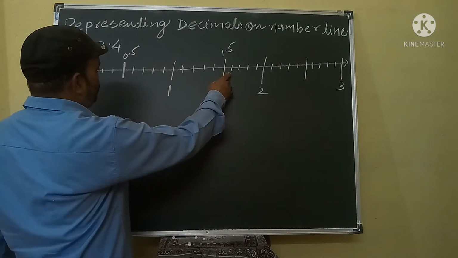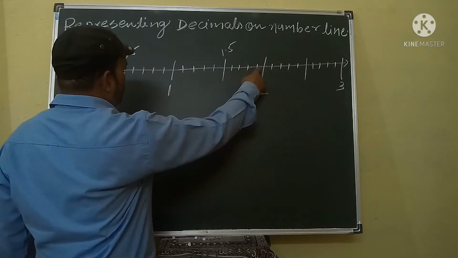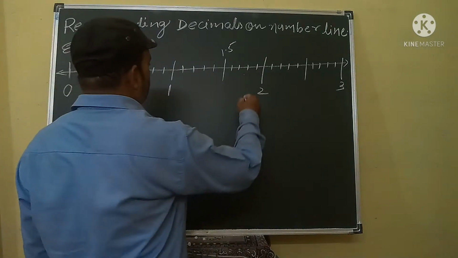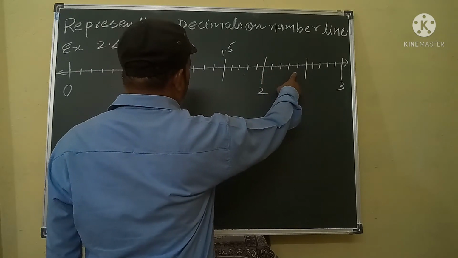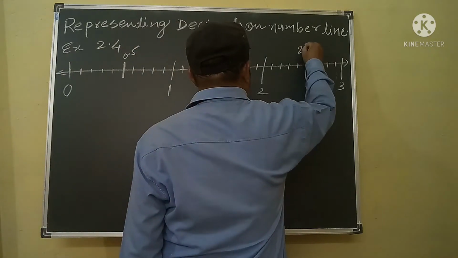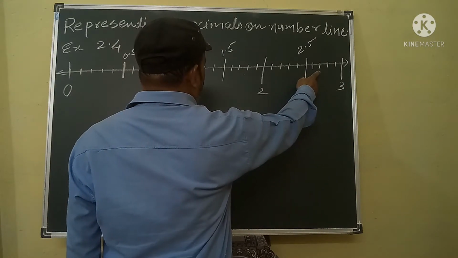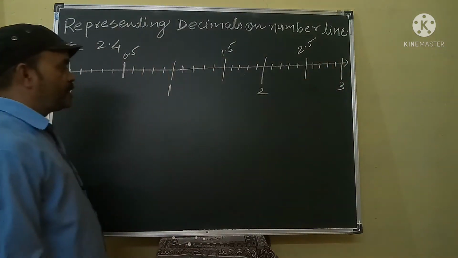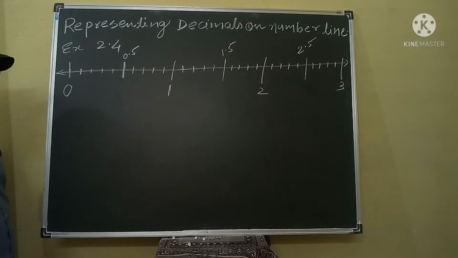Then 1.6, 1.7, 1.8, 1.9, and this is 2. Then 2.1, 2.2, 2.3, 2.4, this is 2.5. Then 2.6, 2.7, 2.8, 2.9, and this is 3. So as you are looking, between two whole number, there is 10 equal part.